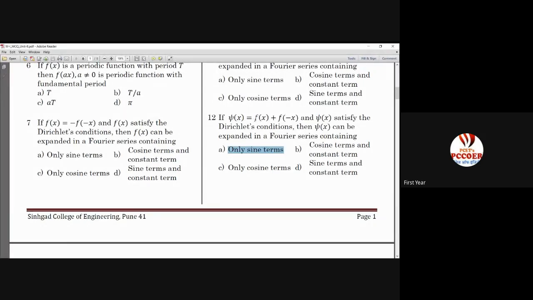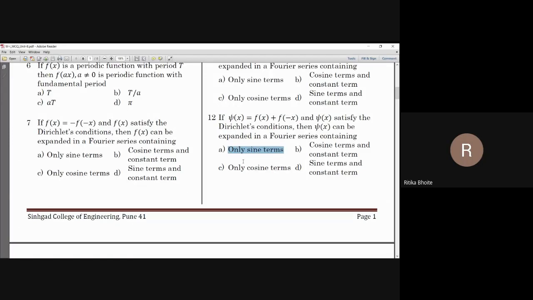I don't have any condition on f of x and I don't know what is the condition on f of minus x, isn't it? So the answer should actually have been all cosine, sine and constant terms, because we don't know anything about f of x.